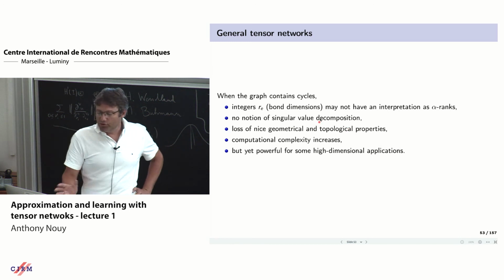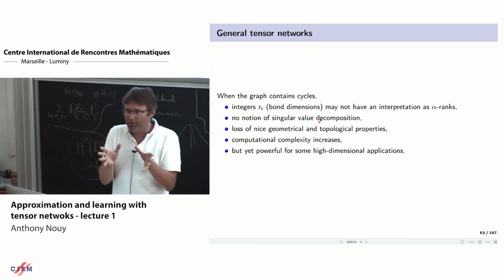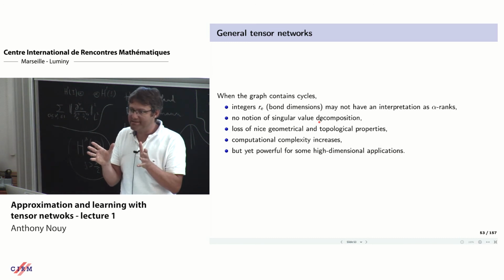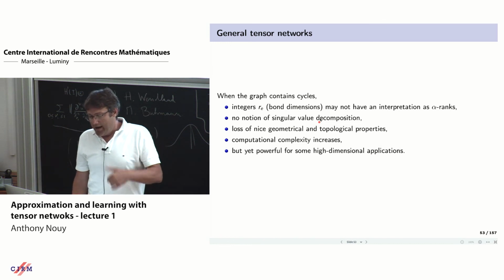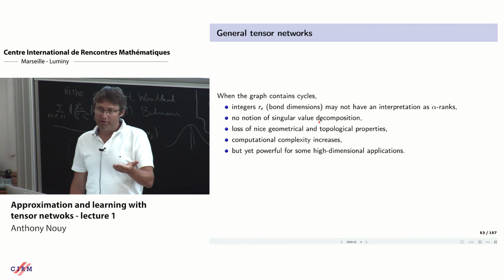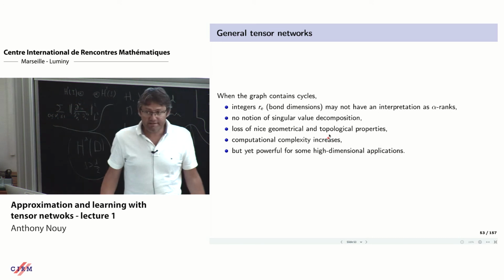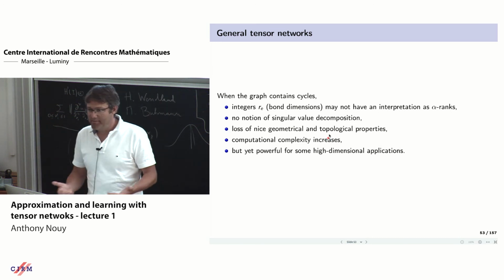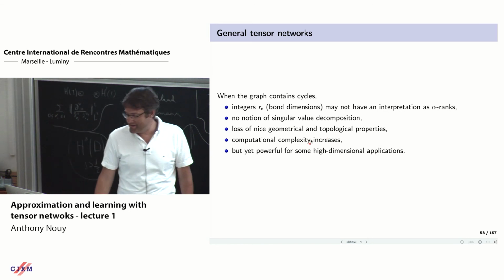No notion of singular value decomposition. What I told you before, I have an algorithm providing not the best, but almost the best approximation. I don't have it anymore here. I lose geometrical properties: no more a manifold, not even an algebraic variety. It's not a closed set, so the optimization problem may be ill-posed. Computational complexity increases.